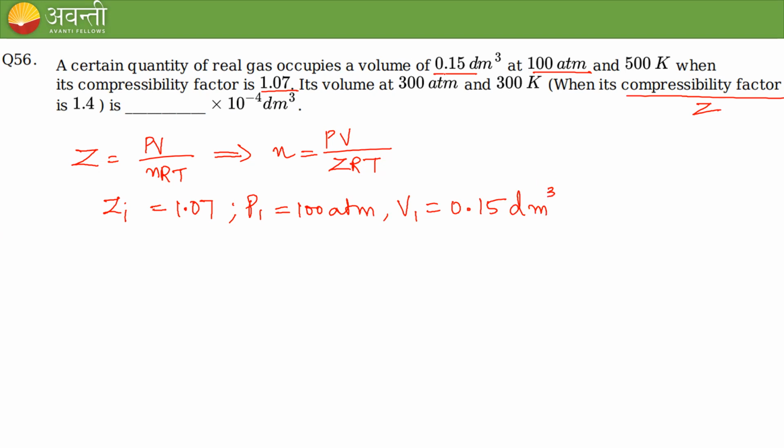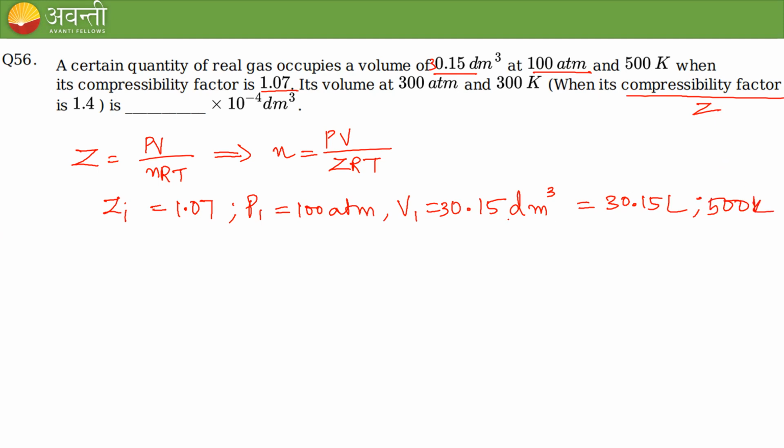It is not actually 0.15. There is a mistake here. It is 30.15. So I'll take this as 30.15 decimeter cube, which is equal to 30.15 liter. Okay. And the temperature value will be 500 Kelvin.